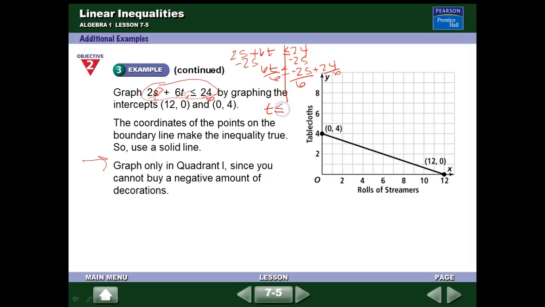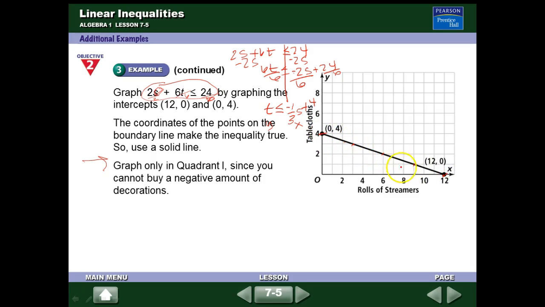T is less than or equal to negative 1/3 s plus 4. And this is the same concept as t being my y and s being my x. So the y-intercept here is at 4. My slope is down 1 over 3. Down 1, 1, 2, 3, and repeat.